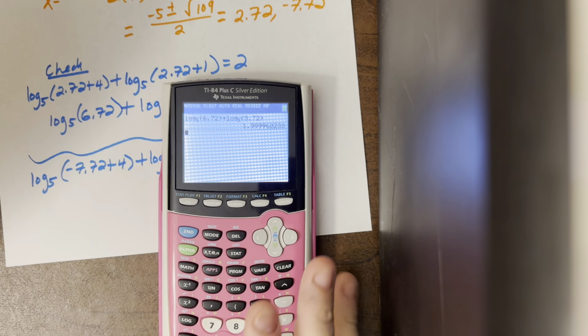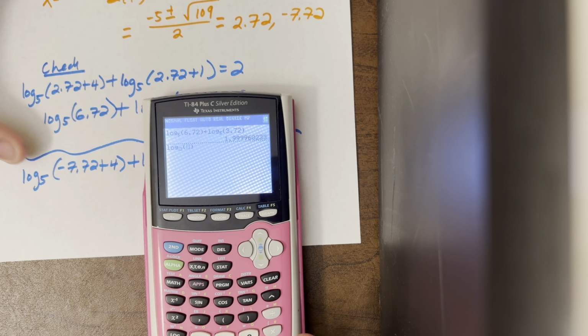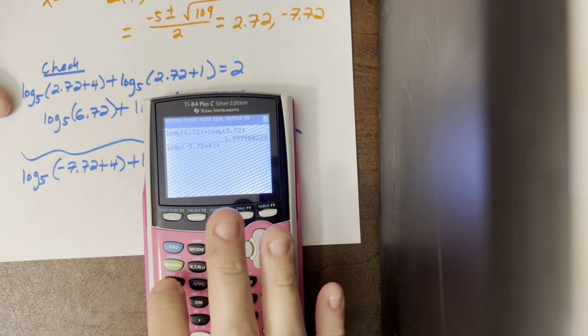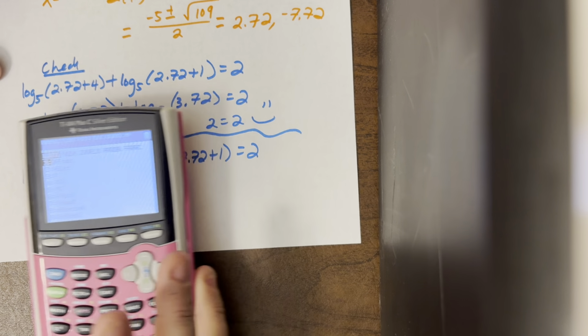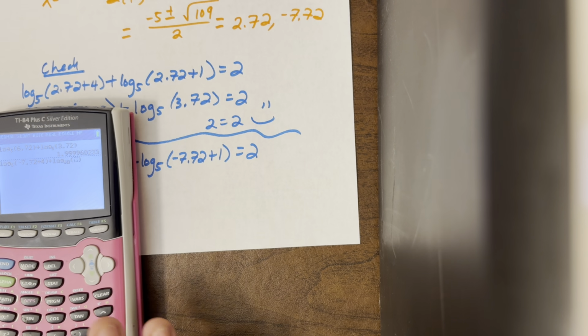Why make an arithmetic error? Because that's really what would happen here, especially to me, especially at this hour of the evening. All right, let's see. Negative 7.72 plus 4, plus another log expression, log base 5 of negative 7.72 plus 1.